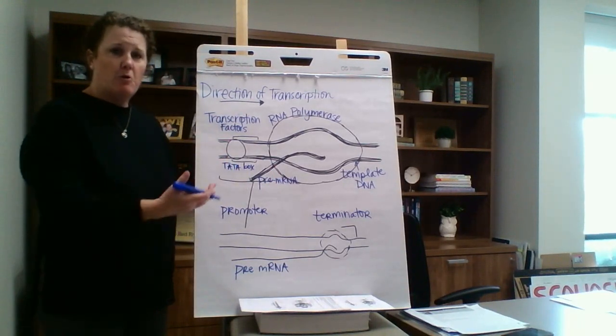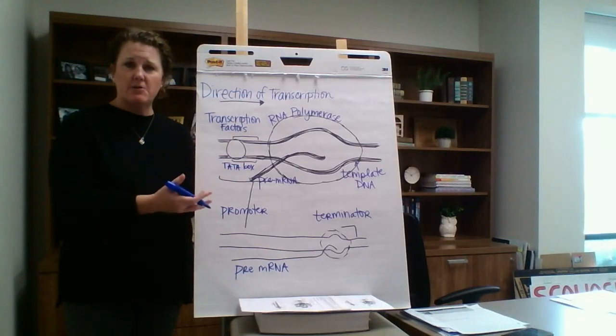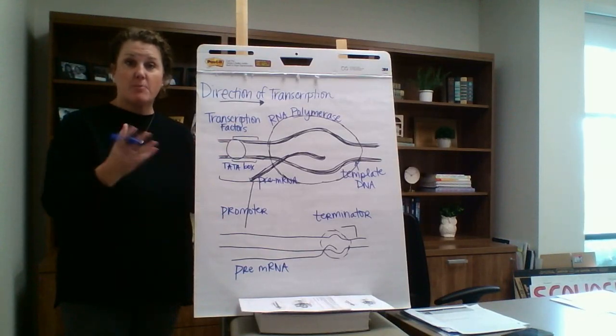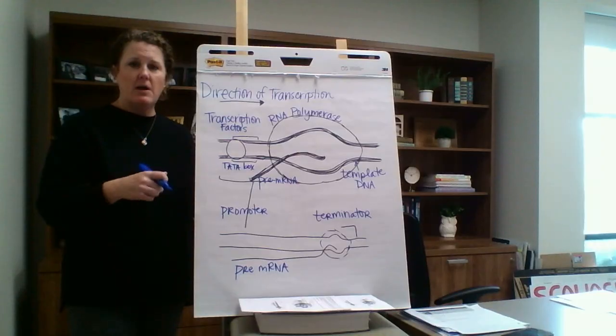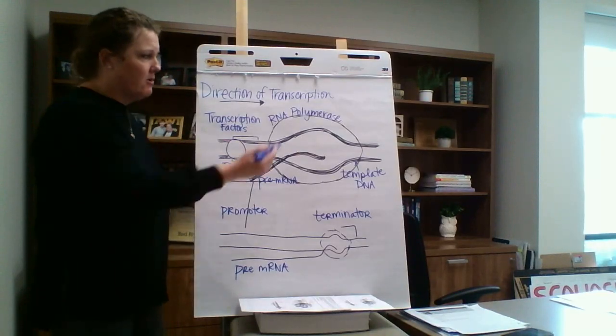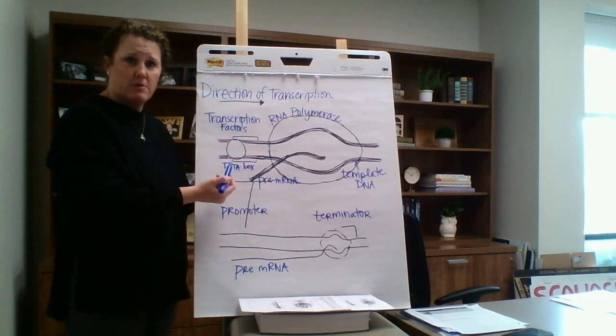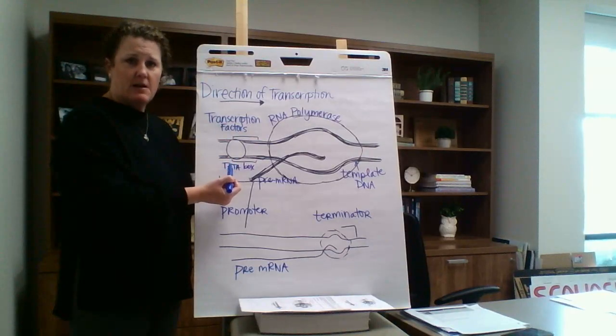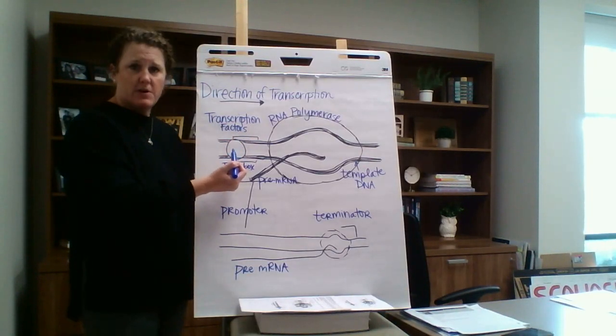So once again, the whole purpose of transcription is to build the mRNA molecule, the pre-mRNA molecule, and what that involves is the RNA polymerase will bind to the promoter. The promoter includes the TATA box, and in order for RNA polymerase to bind, the proper transcription factors have to be in place.